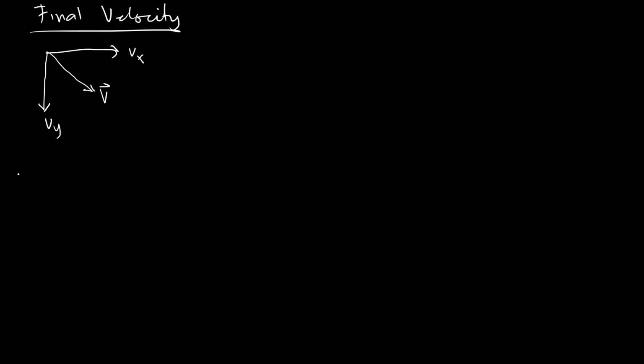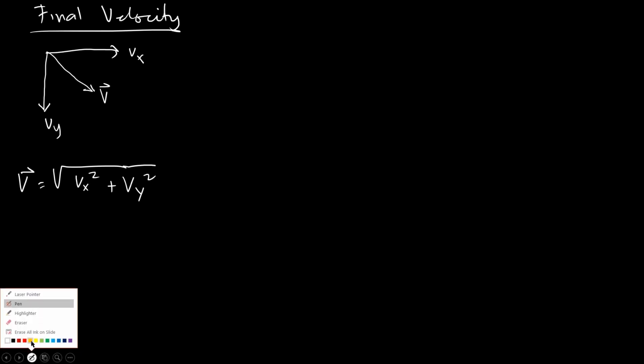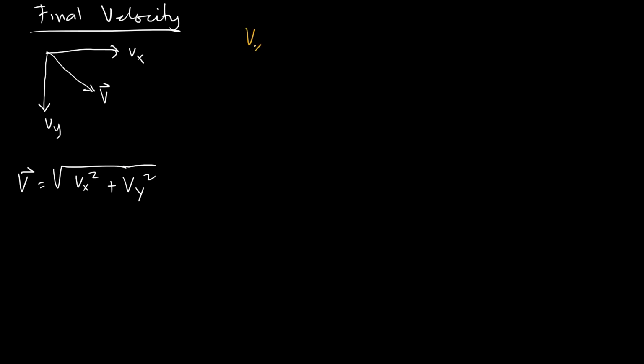So the final velocity is equal to the square root of v sub x squared plus v sub y squared. Take note that v sub x here is just v sub i x, which is equal to the initial velocity, and v sub i x is equal to v sub i cosine theta.